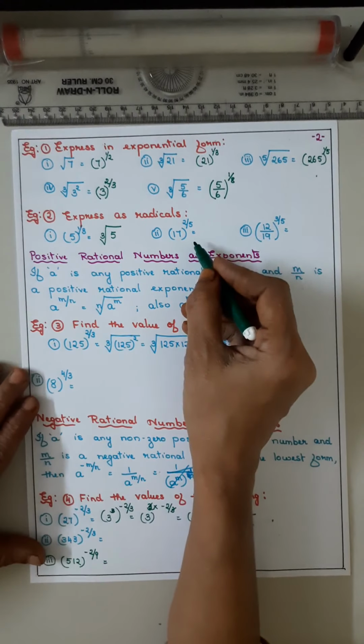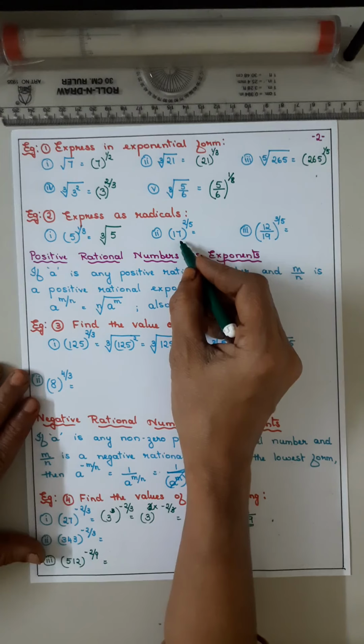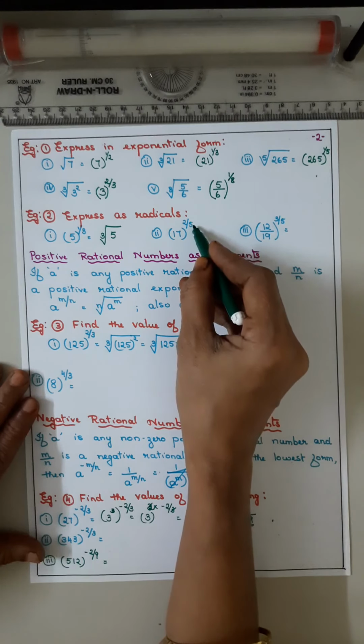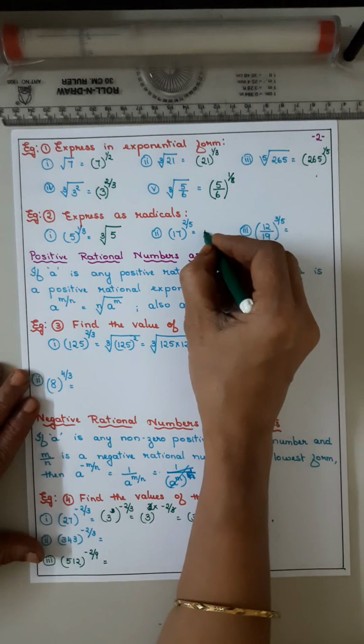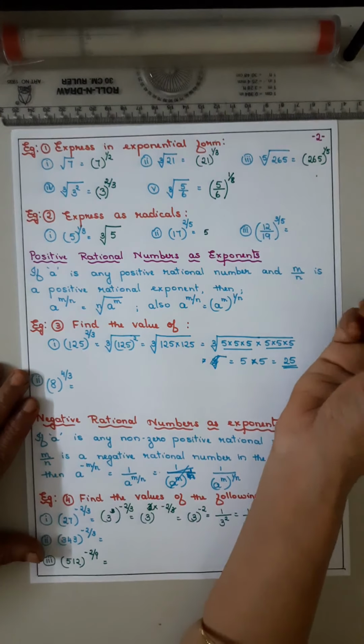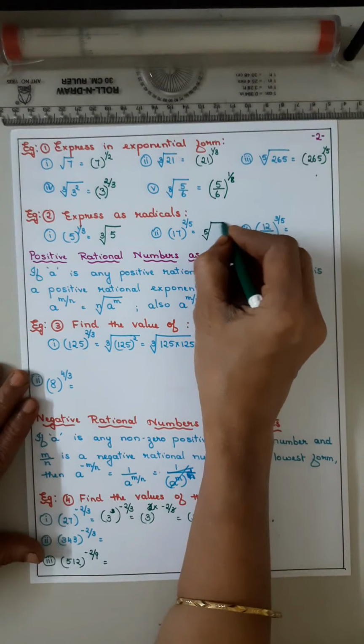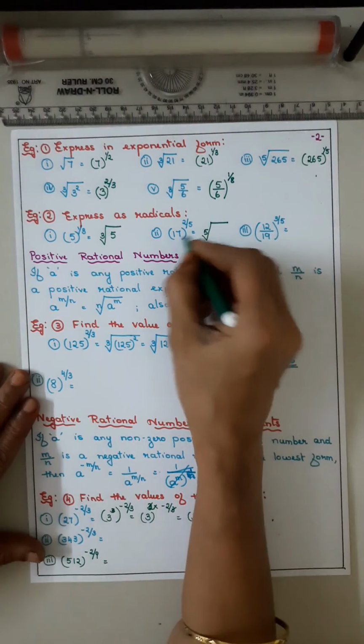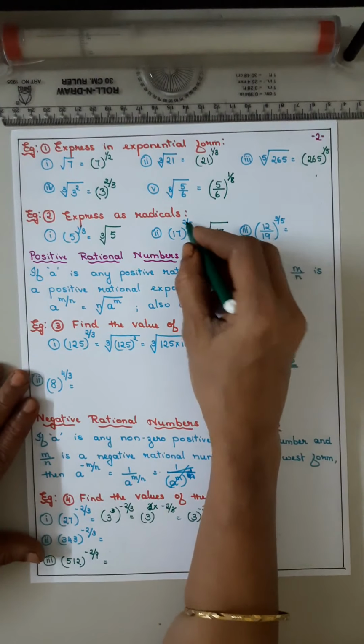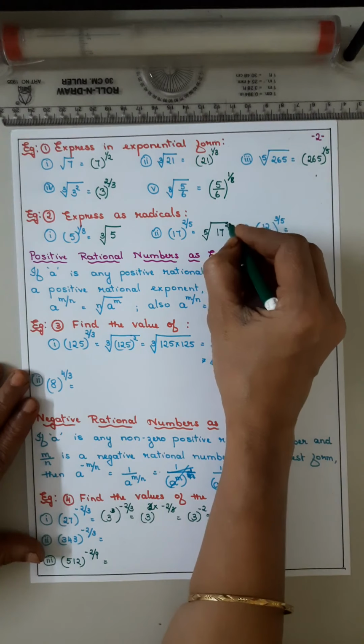Now here, 17 is the base and the denominator of the power is 5. So write it first, 5. Put the root sign, 17, and the numerator, which is 2.